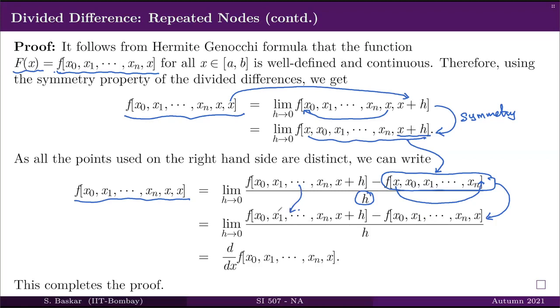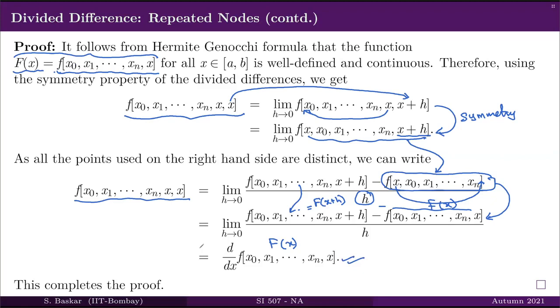Now you can see that this is f of x plus h minus this one is f of x, right, divided by h, and limit h tends to 0, and that is by definition d by dx of f of x, right? And f of x is just for the notation's sake we have introduced, and that is nothing but the divided difference of f at the nodes x0, x1 up to xn, x. Therefore, you just got this expression.